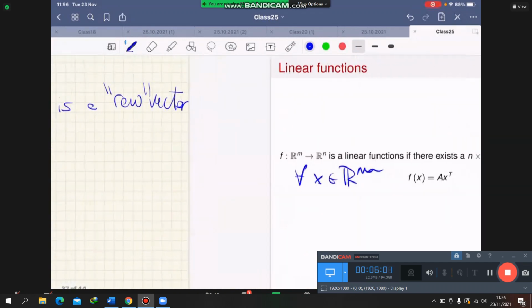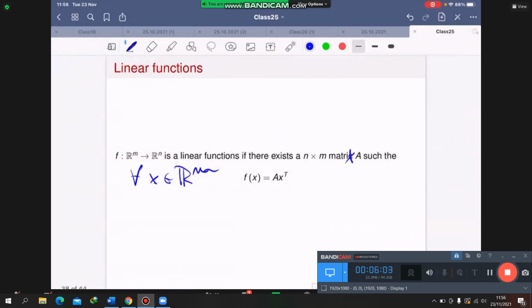So this notation for a linear function means that we are multiplying matrix A and the column vector obtained by transposing the row vector x.